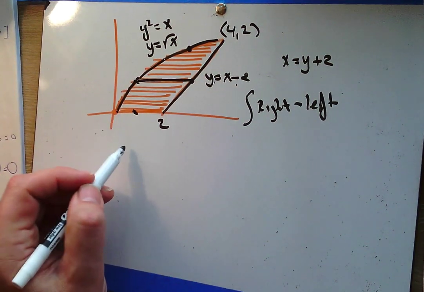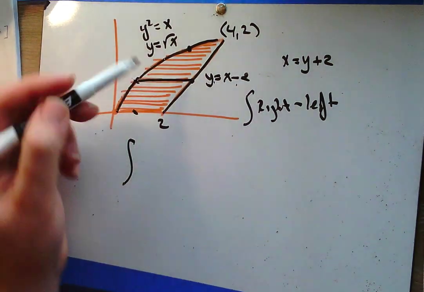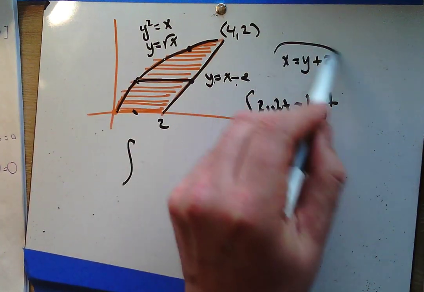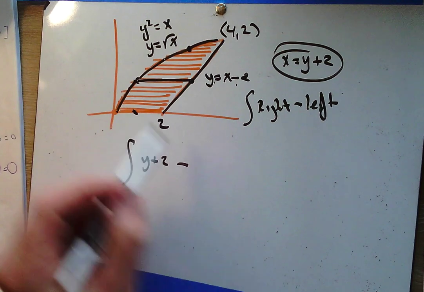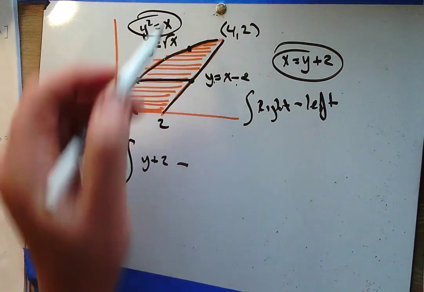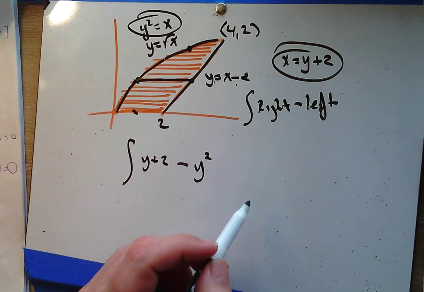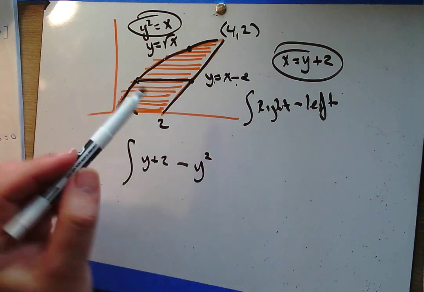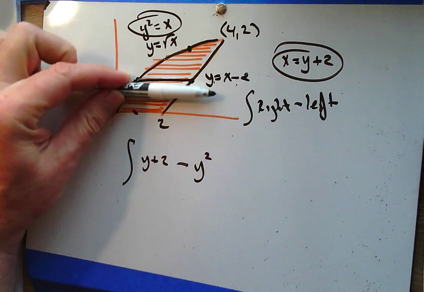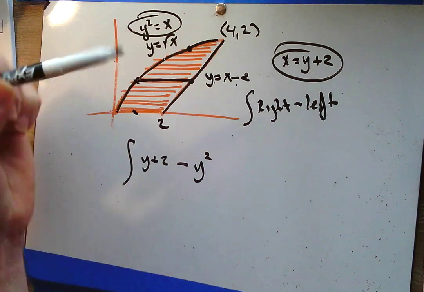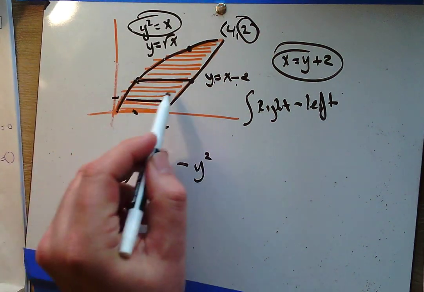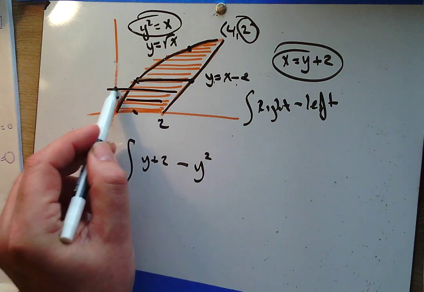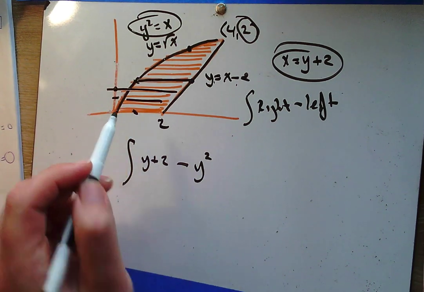Okay, so now we're going to integrate right, which is y plus 2, minus left, what was this curve, y squared. And now remember, since we're integrating this way, we're integrating dy's. These are dy slices. Notice if I extended them, we would measure their thickness on the y-axis.